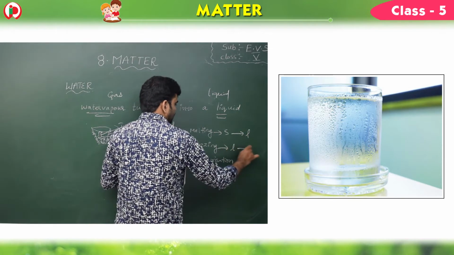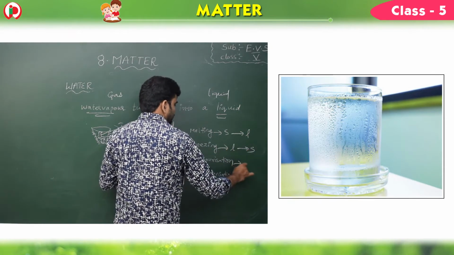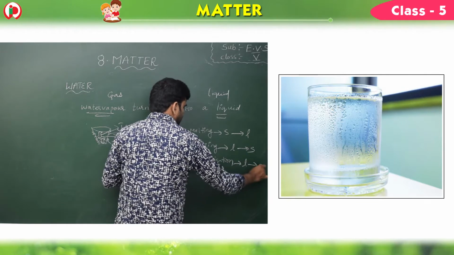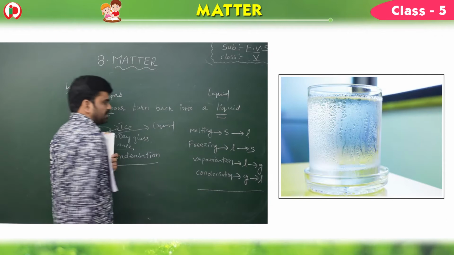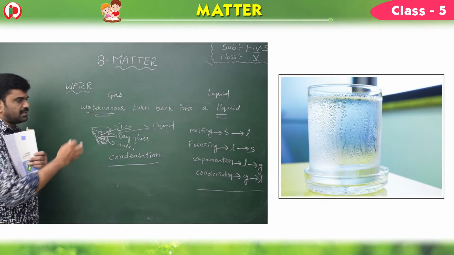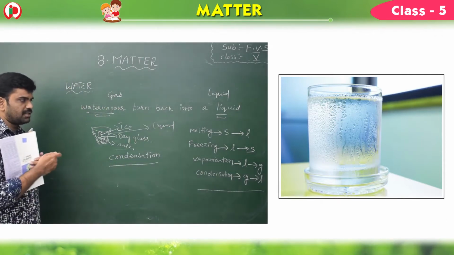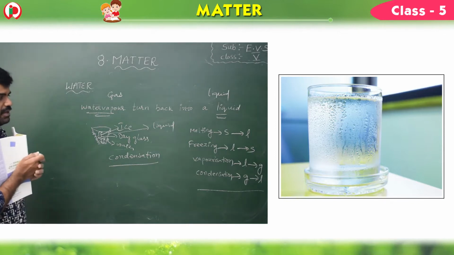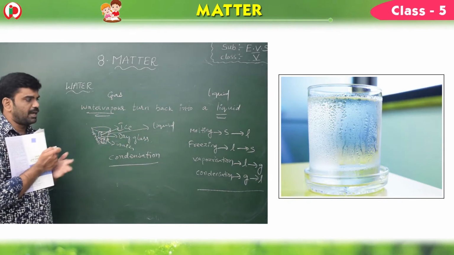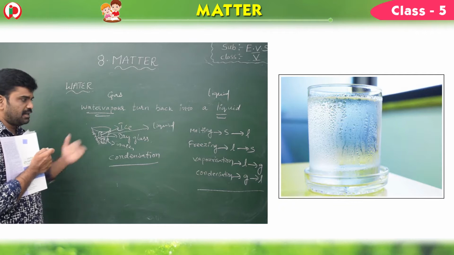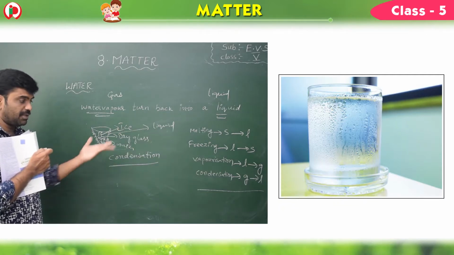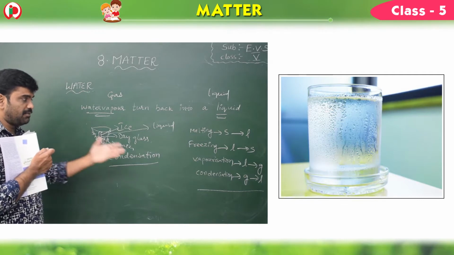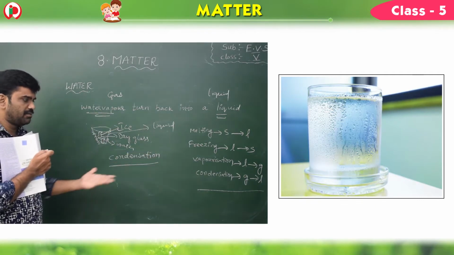Freezing is liquid to solid. Vaporization is liquid to gas. And condensation is gas to liquid. See, children, how this water is converting. Ice is converted to water in melting, and water is converted to ice in freezing. Here water is converted to gas, that is steam, in vaporization, and water vapor turns back into the liquid in condensation.